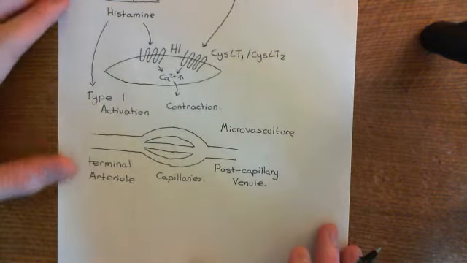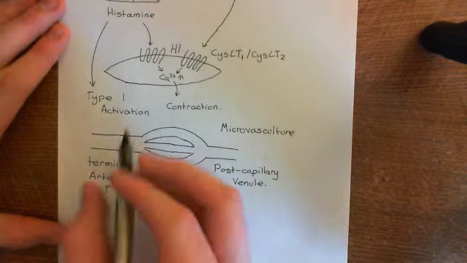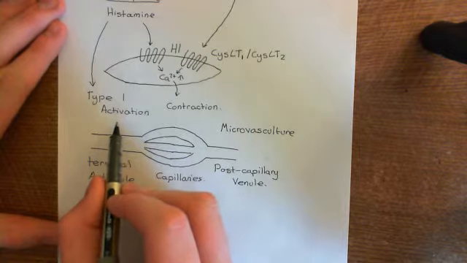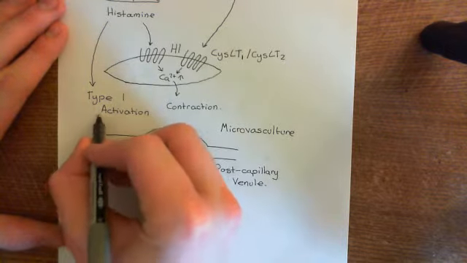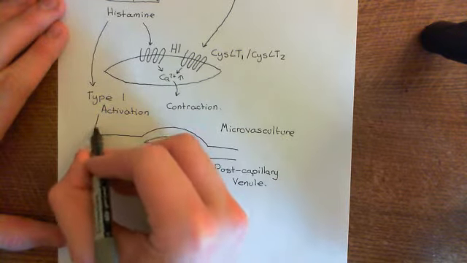So what are the components of the inflammatory response? Well, firstly, the type 1 activated endothelial cells are going to start producing vasodilatory substances. So they're going to produce substances such as, let me put this down here, okay.